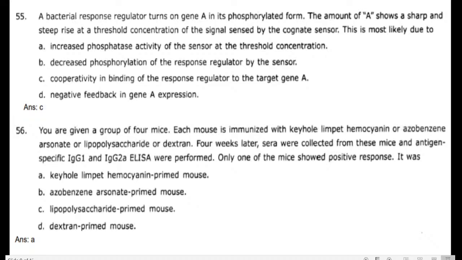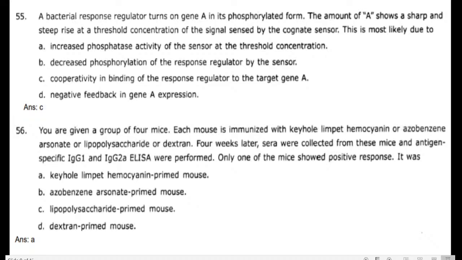But the mouse injected with keyhole limpet hemocyanin, this is the one compound which makes the immune response. Here the molecule is a complicated, large protein-like structure having multiple subunits. It's a metalloprotein.